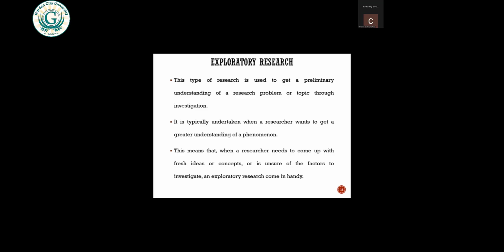So most of you would not be doing the exploratory research, but such research exists, where you can explore a new phenomenon to see how you can generate some factors that can affect that phenomenon. That is what we call an exploratory research.